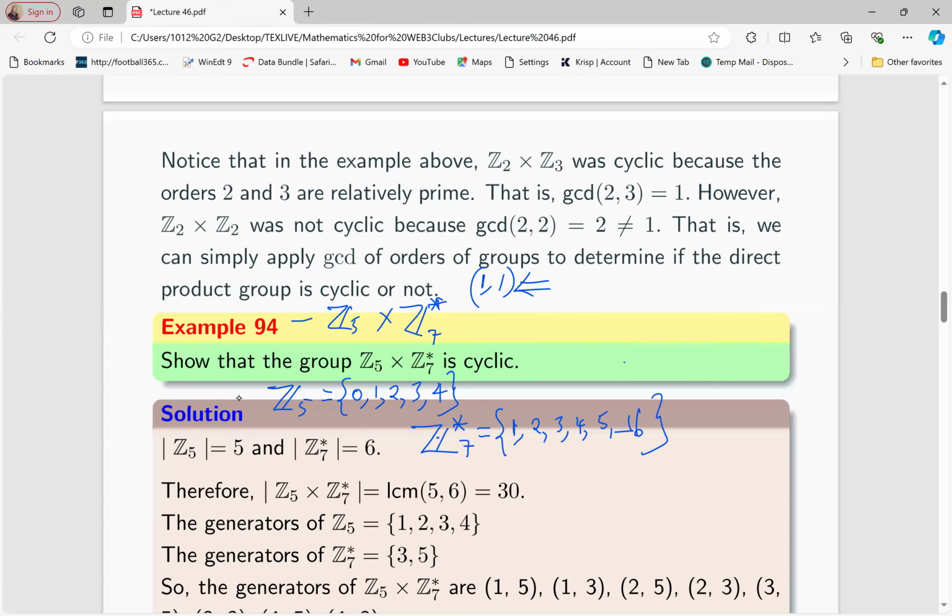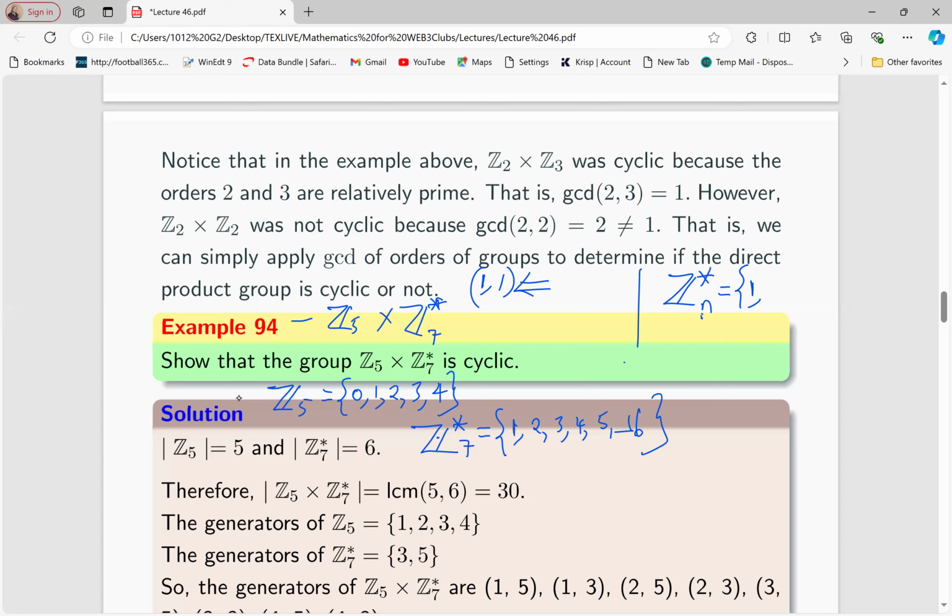And of course, for those who are new, we say that Z star N comprises 1 and other elements which are relatively prime to N.